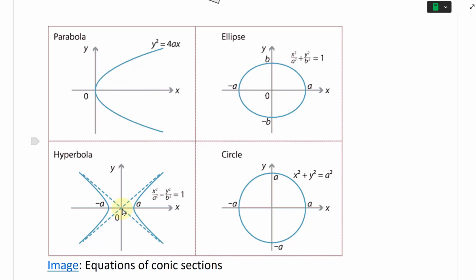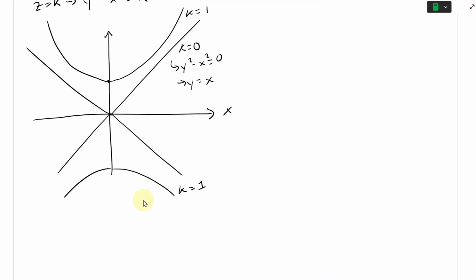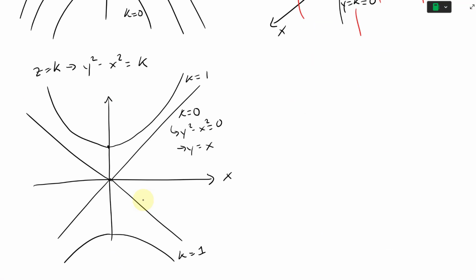For this case, we have y squared minus x squared, and since it's 1, these values are just going to be 1 there. So this one is going to be 0, 1, and this one here is going to be 0, negative 1, like that. That's because y squared divided by a squared, and a is just 1.